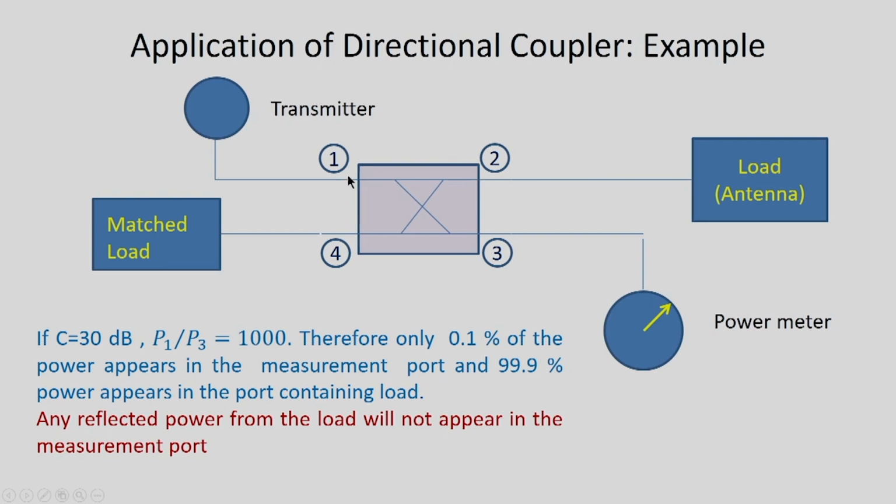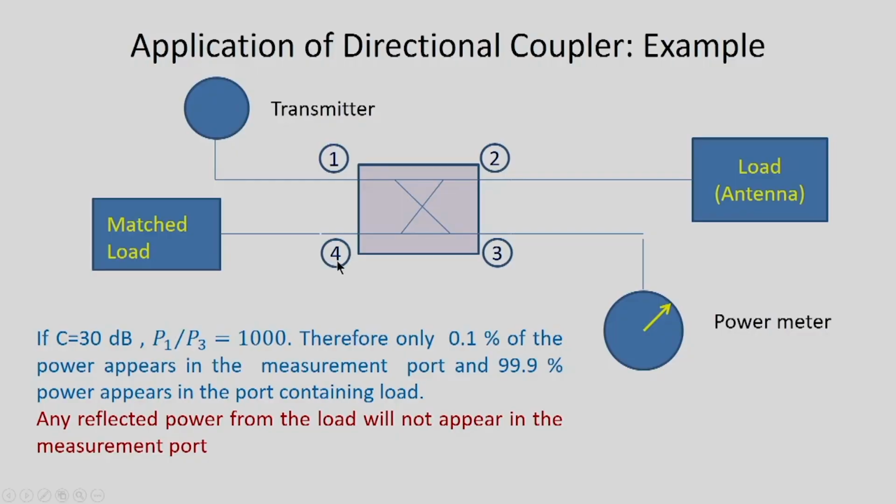This reflected power will get divided between port 1 and 4, and in port 1 it may be absorbed by the impedance of the transmitter, and whatever power goes into the port 4, it gets dissipated in the matched load connected here. So, this is how we can use a directional coupler in monitoring of power.